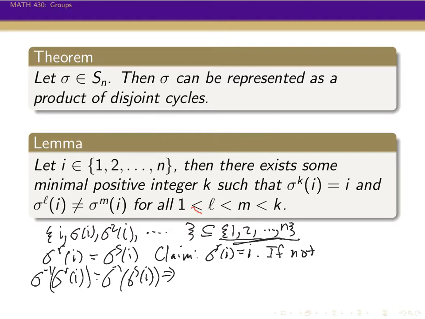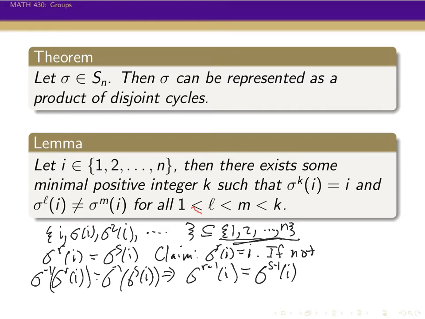What's the inverse going to do? Well, if I take sigma r and then undo one of the sigmas, this will give me sigma r minus 1 of I is equal to sigma s minus 1 of I.